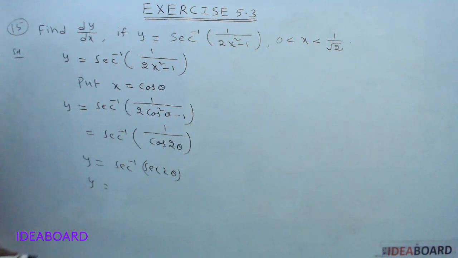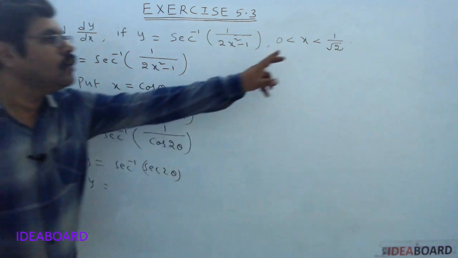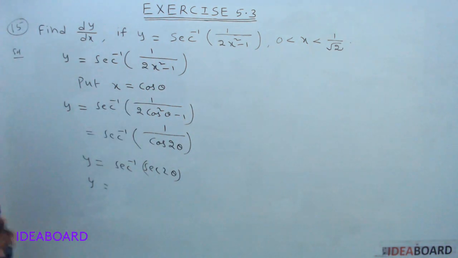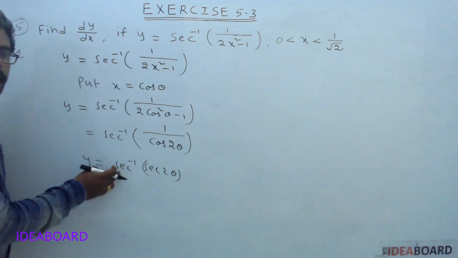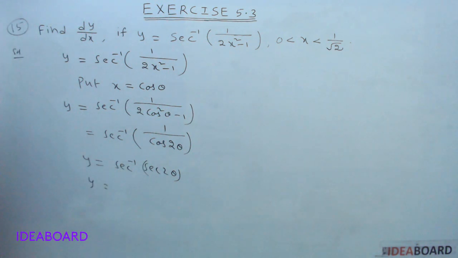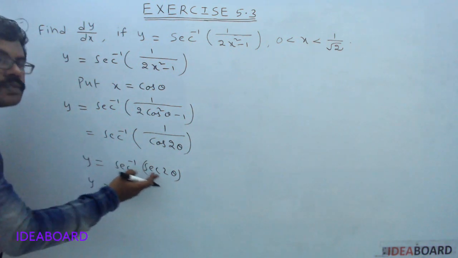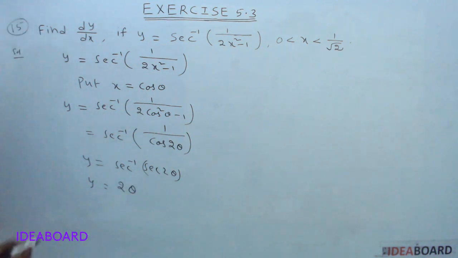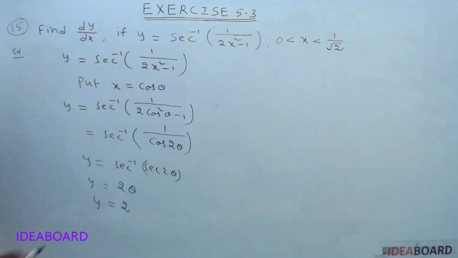So y equals secant inverse of secant 2 theta. So again, if you verify this 2 theta value according to this condition through this substitution, definitely this 2 theta value lies in the range of secant inverse function. So due to that reason, directly secant inverse of secant 2 theta can be written as 2 theta. Now y equals 2 into theta.